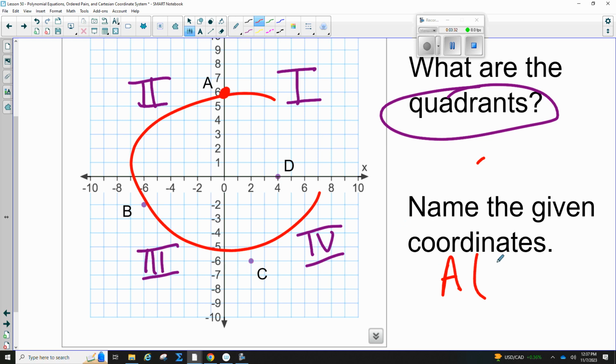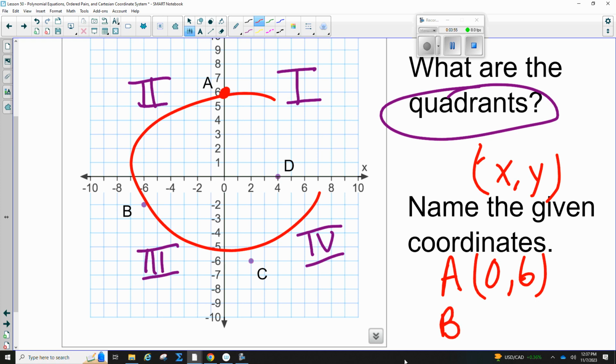Exactly. It's always X, Y. On the x-axis, I didn't move left or right. It's at 0. And then it goes up 6. That's the Y direction. Point A is actually not in a quadrant. It's in between what 2 quadrants? 1 and 2.